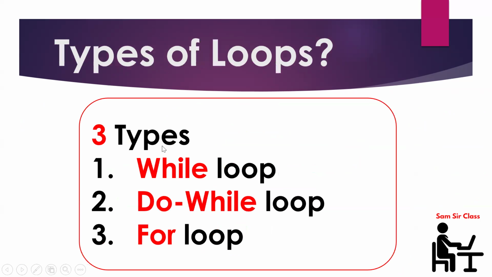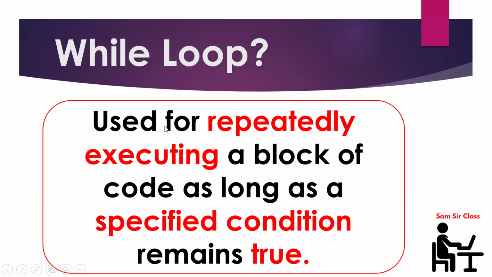Now there are three different types of loops: the while loop, the do while loop, and the for loop. In this video we will discuss the while loop. Now what is a while loop? It is often the case in programming that you want to do something a fixed number of times.